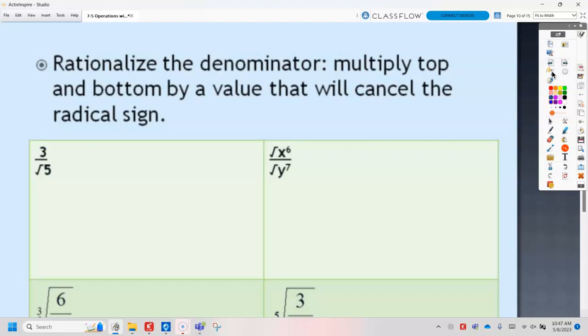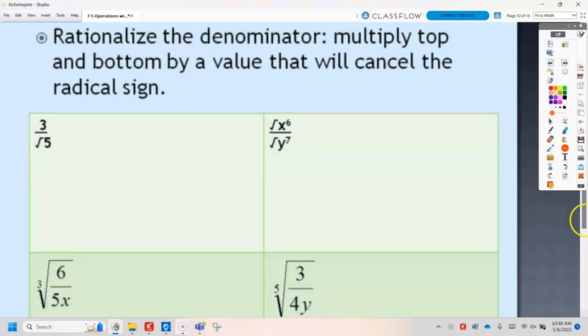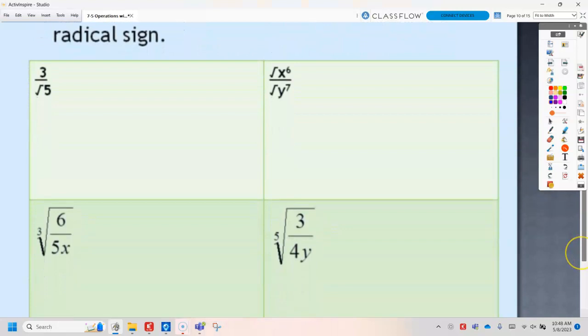There is a rule in math that you cannot have a square root in the denominator. So we have to do what we call rationalizing, or multiplying by what's in the denominator. Here I have the square root of 5. To get rid of the square root of 5 in the denominator, I'm going to multiply top and bottom by square root of 5.